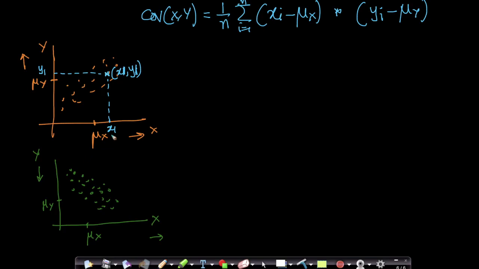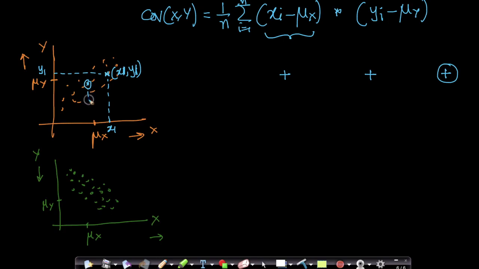Now, if I compute x1 minus mu of x, this part of the equation, this will be positive for your x1, y1. Similarly, your y1 minus mu of y will also be positive. So when I multiply two positives, I get a positive. Simple. Now let's assume I have my x2 here.